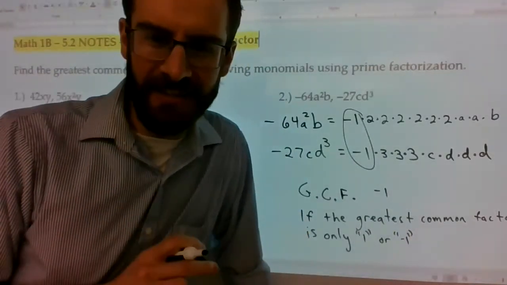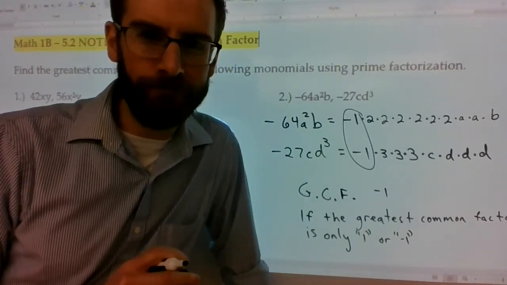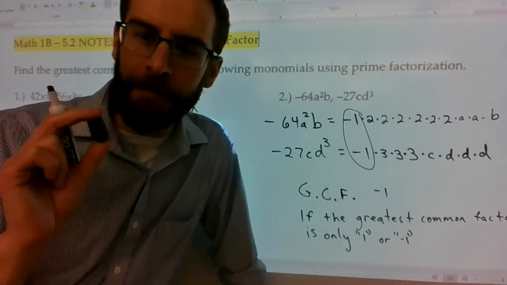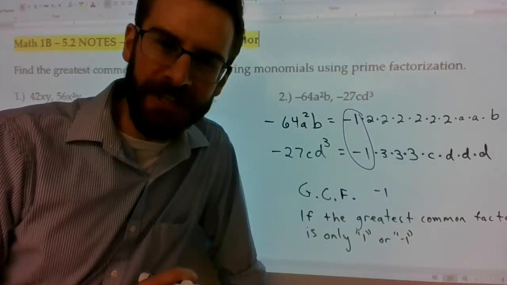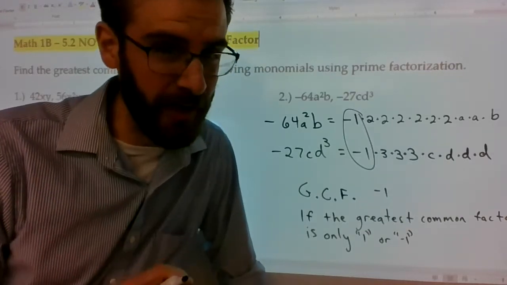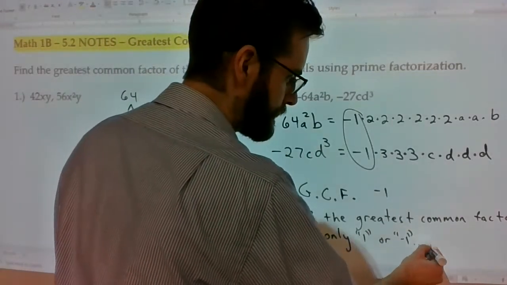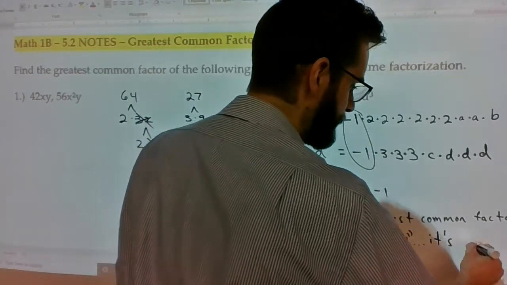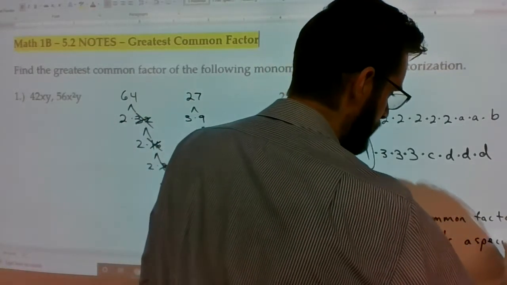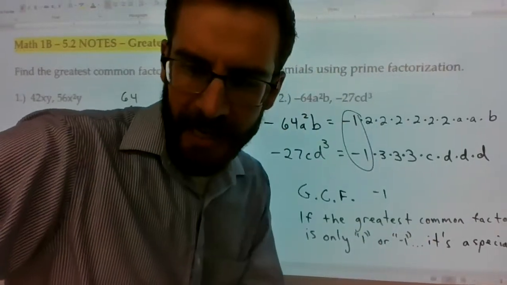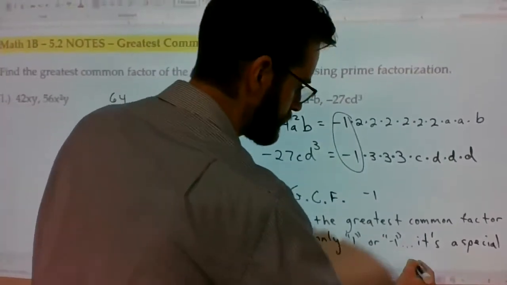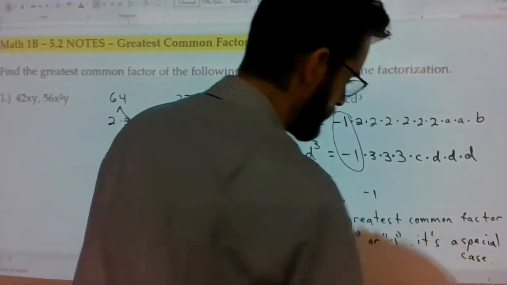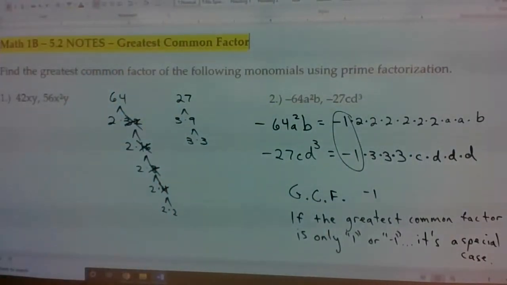I think that's for the next lesson. I'm not going to finish that statement. I'm just going to put a ... and say it's a special case that will be named at a later date. Okay, first 2 examples done.